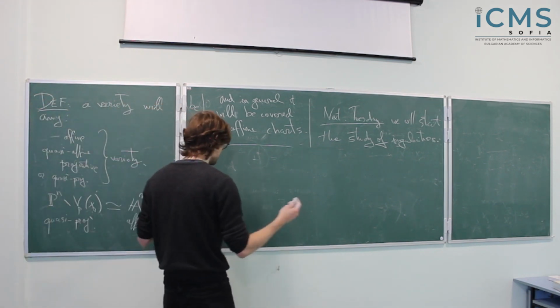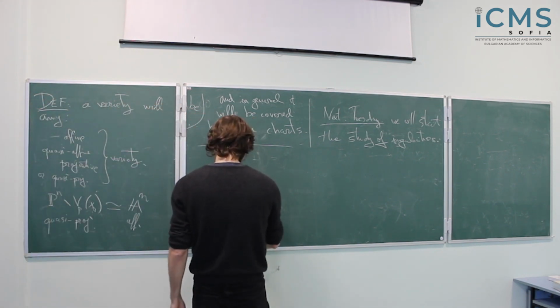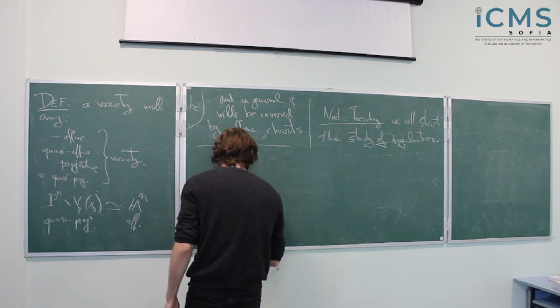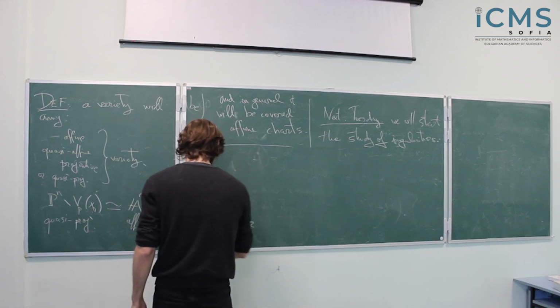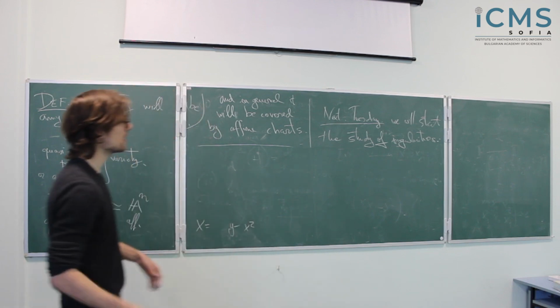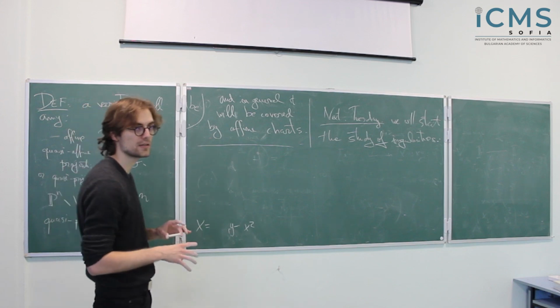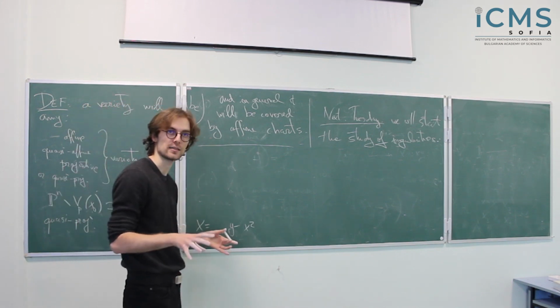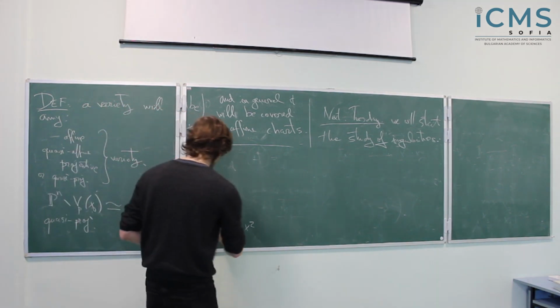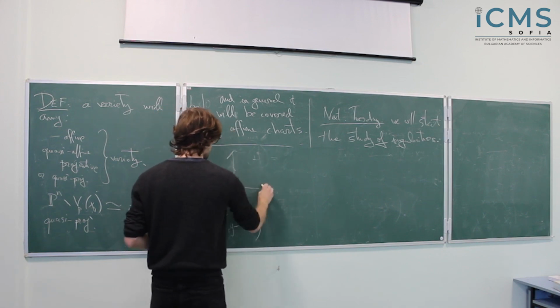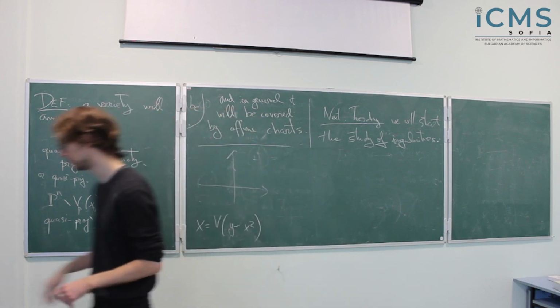Right? Very easy to understand. So y minus x squared. In order to study singularities, we'll just study it locally, so we'll only be studying affine varieties for now.